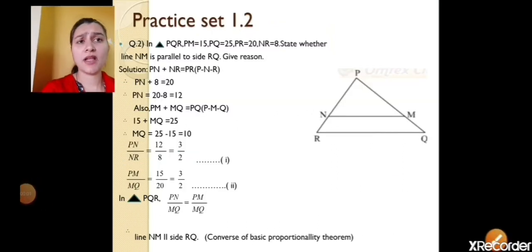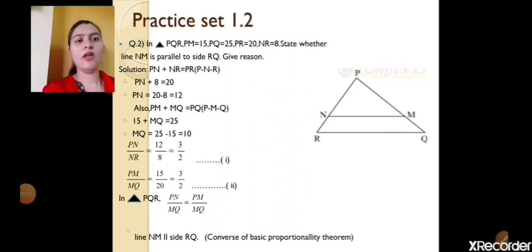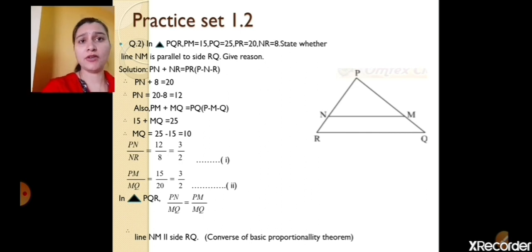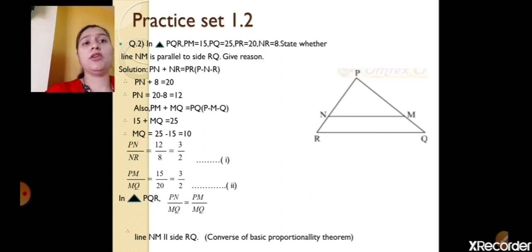Let me start with the sum based on the converse of BPT theorem. This is a question from your textbook, practice set 1.2, question number 2. We'll be learning the theorem and then sums related to that theorem. In triangle PQR, PM is given as 15, PQ is given as 25, PR is given as 20, NR is given as 8.